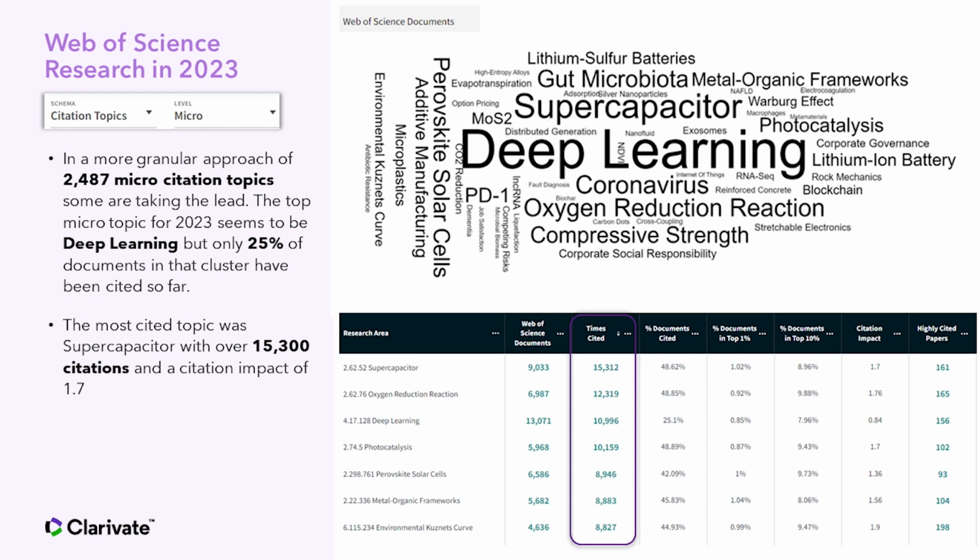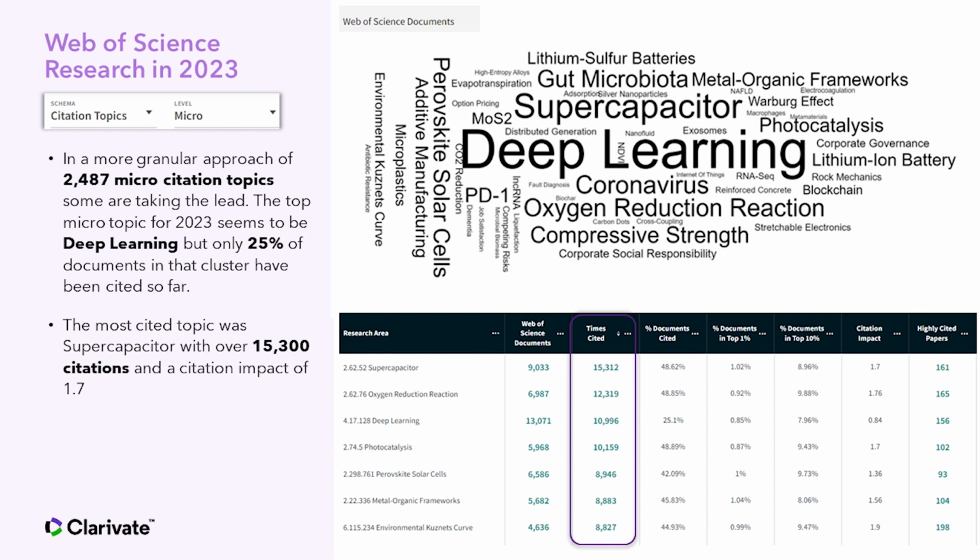The top micro topic seems to be deep learning, but only, and that's interesting, if you look at this output. This is where you have the highest number of publications, but only 25% of these publications were cited. Whereas in the other topics, it's about 45%, almost 10% of those publications are cited.